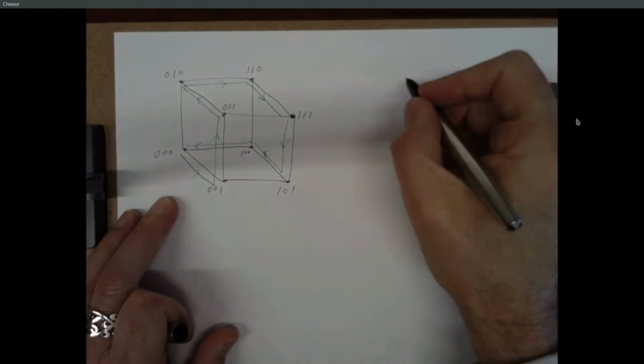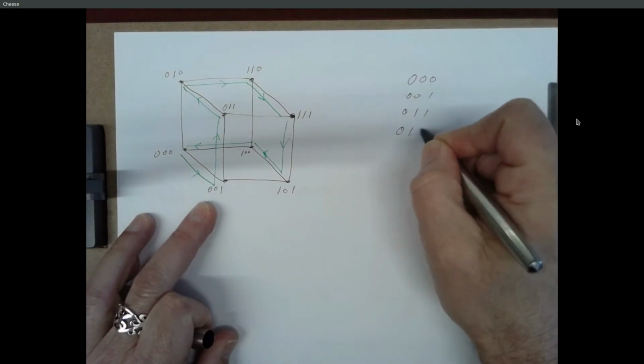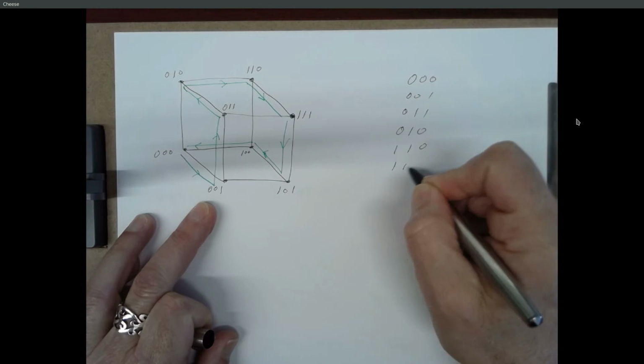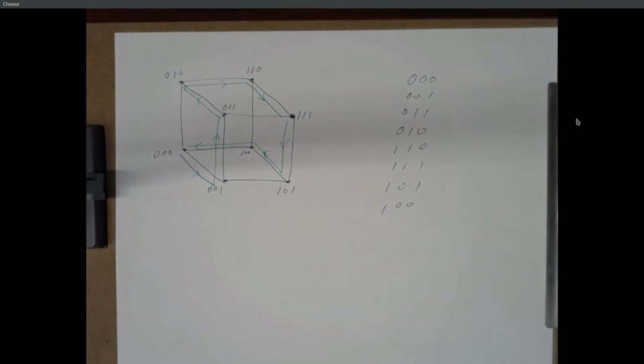So if we write down these vertices in order along this path, we get that. And as you move from one number to another, only 1 bit changes. But that's only a really small one. This one's only 3D. So you could do this for really big bit counts.